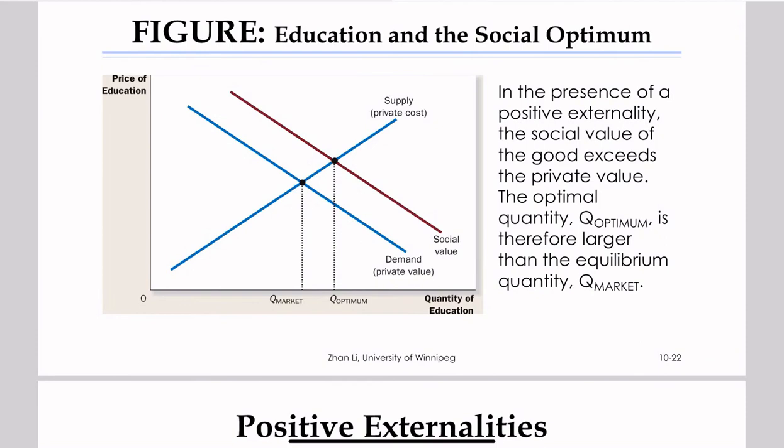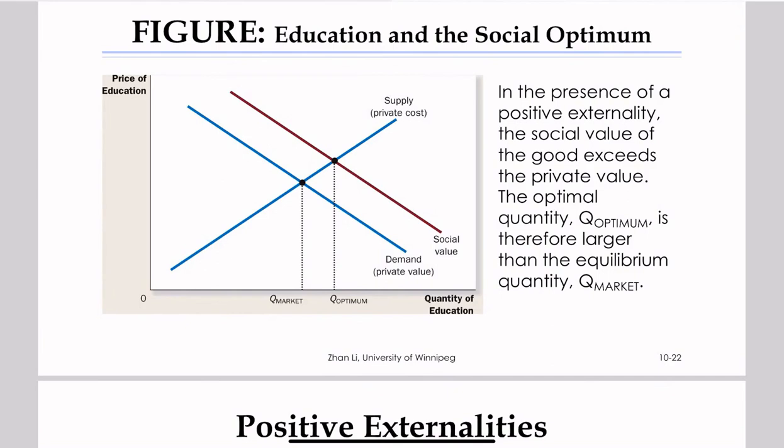It's the value to this person as an individual plus the external benefit to this outer world, to this society, right? So obviously, because education has positive externality, the social value should be larger than the private value. So the demand curve for the social value should be on the right.